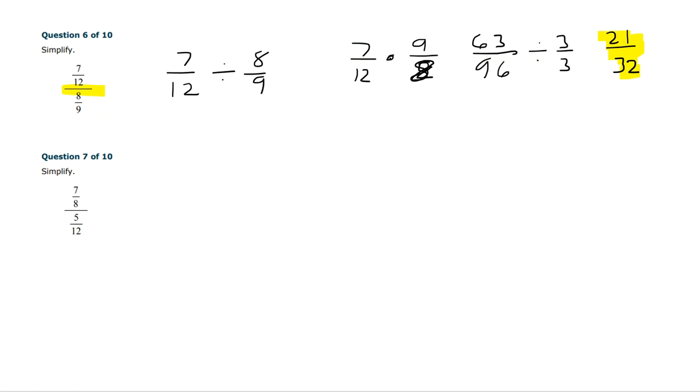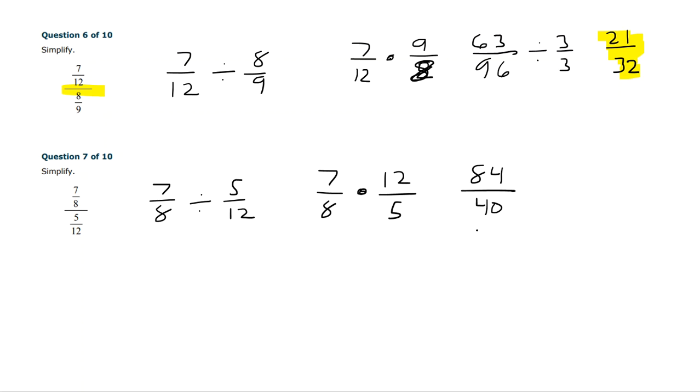Okay, let's look at the next one. 7/8 divided by 5/12. So when we divide fractions, we keep the first one the same, we change the division to multiplication, and then we flip the second one. 7 times 12 is 84. 8 times 5 is 40.